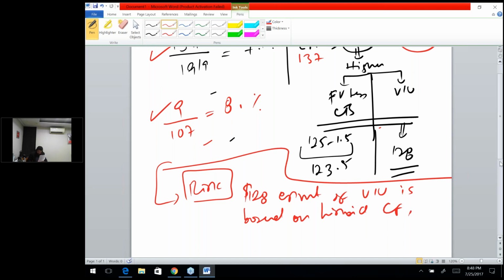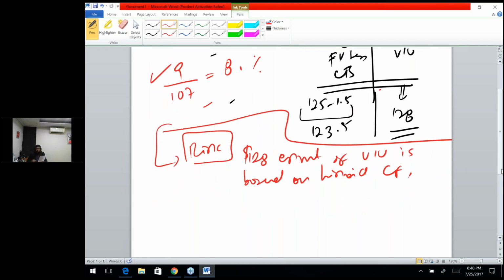Whenever we calculate the value in use, it is based on historical cash flow increased by a general rate of inflation of 1%. So this 128 million of value in use seems to be apparently incorrect. Why does it seem to be incorrect?